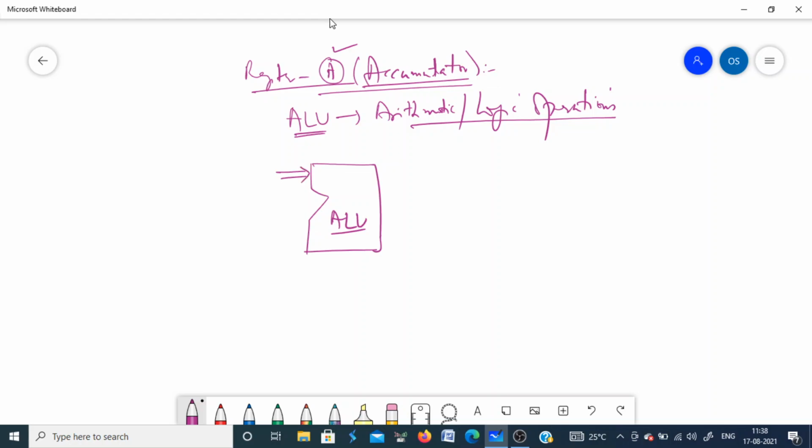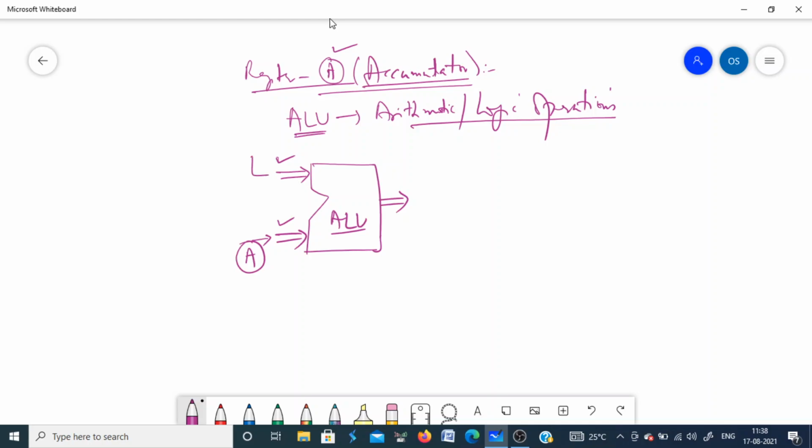You give one 8-bit number here, another 8-bit number here, the ALU will perform the operation and give you some output. Out of these two operands, one operand is always stored in A.